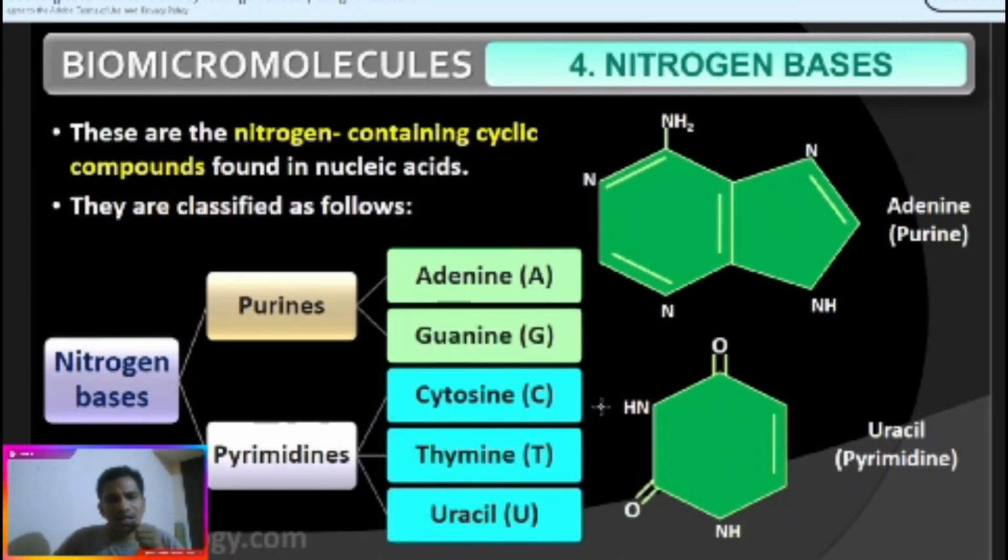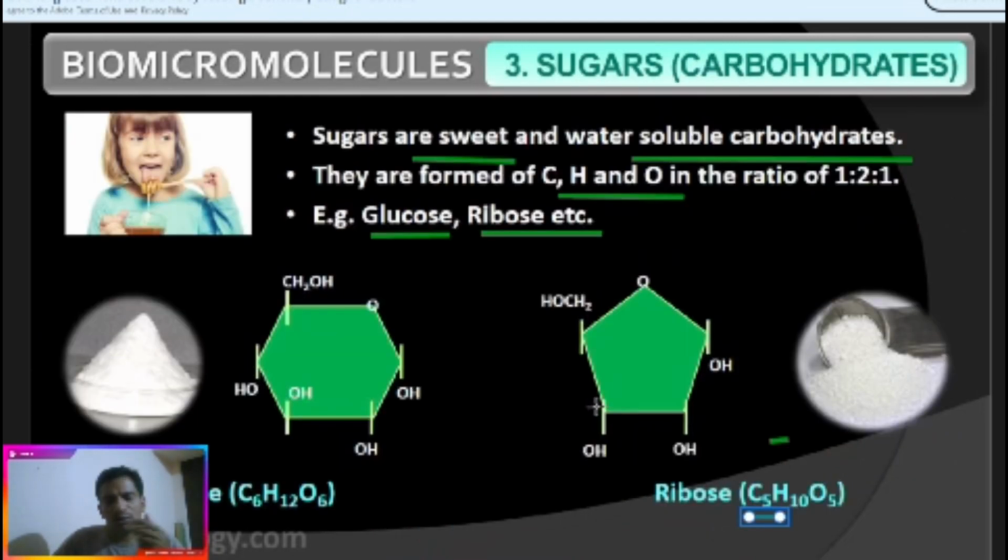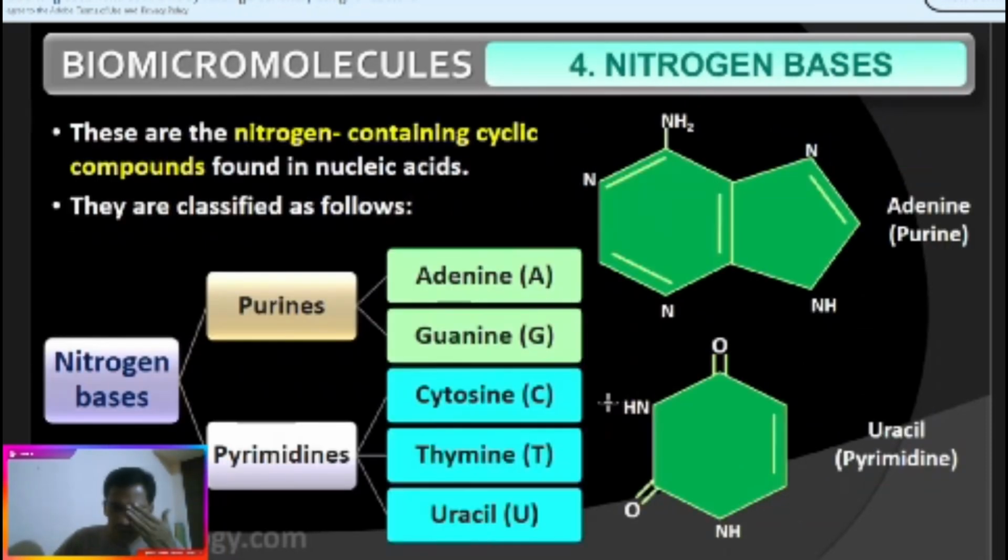And these sugars are the carbohydrates, which form the main structure of ribose. So here let us discuss nitrogen bases. This is sugar, right? So what are the nitrogen bases? As the slide shows, these are nitrogen containing cyclic compounds, called nitrogen bases, found in the nucleic acids.